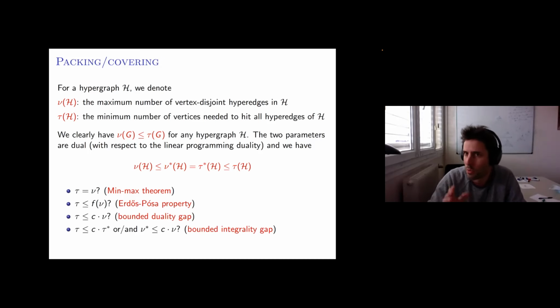Then you talk about the integrality gap. All these things are very classical in combinatorial optimization. You're really happy when you have these, either for structural properties or for algorithmic design. And the natural question is in which situations you have these properties.